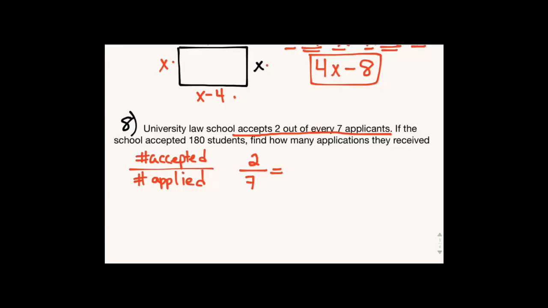The next step says if the school accepted 180 students, our number accepted goes on the top, so 180 goes on the top, and we want to know how many applications they received. So that means that the bottom is going to be x. Now this is a proportion, so to solve it, we do 2 times x, which gives us 2x, equals 7 times 180, which gives us 1260.